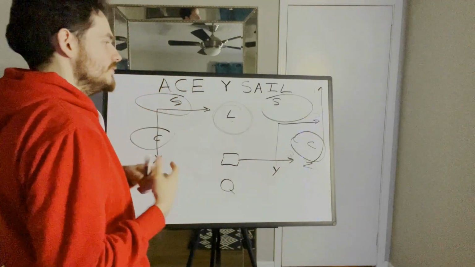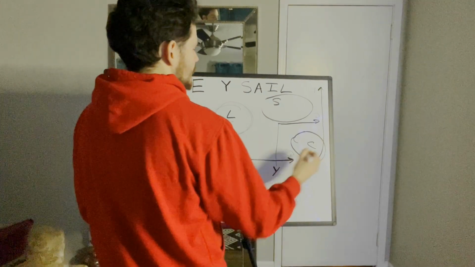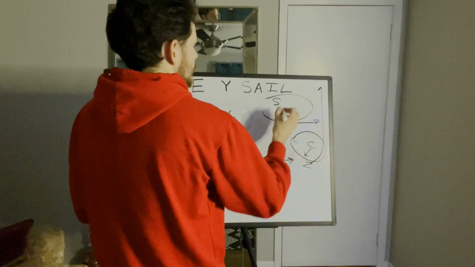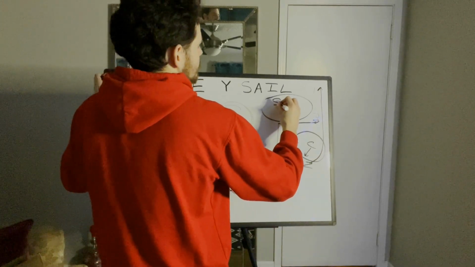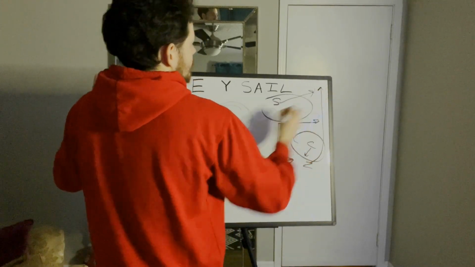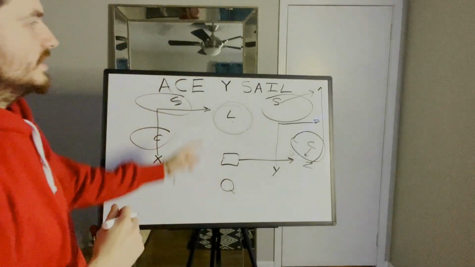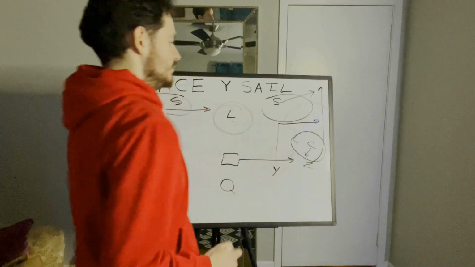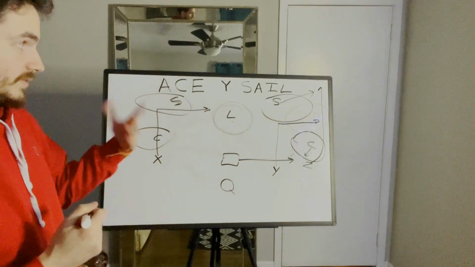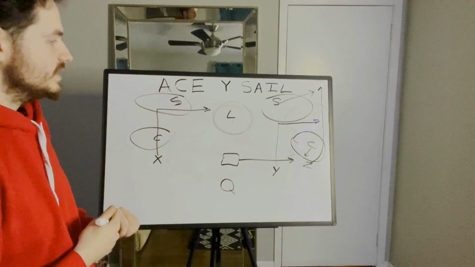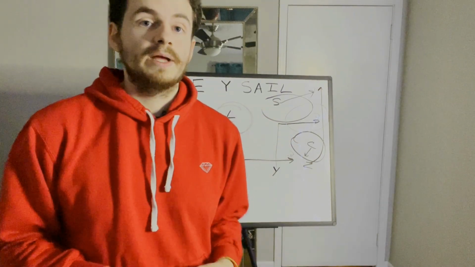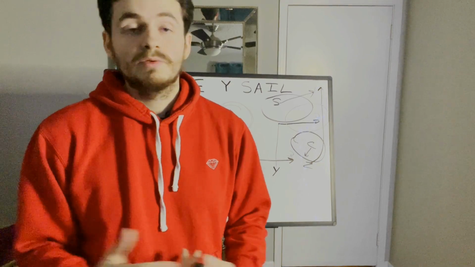Ideally we want the corner to see the center coming into his zone and come up, while the safety sees the outside release and goes towards that as well, leaving this whole space of field wide open. That's what we want. This puts these 2 defenders in a bind, and as long as the quarterback's correct, they're always going to be wrong.